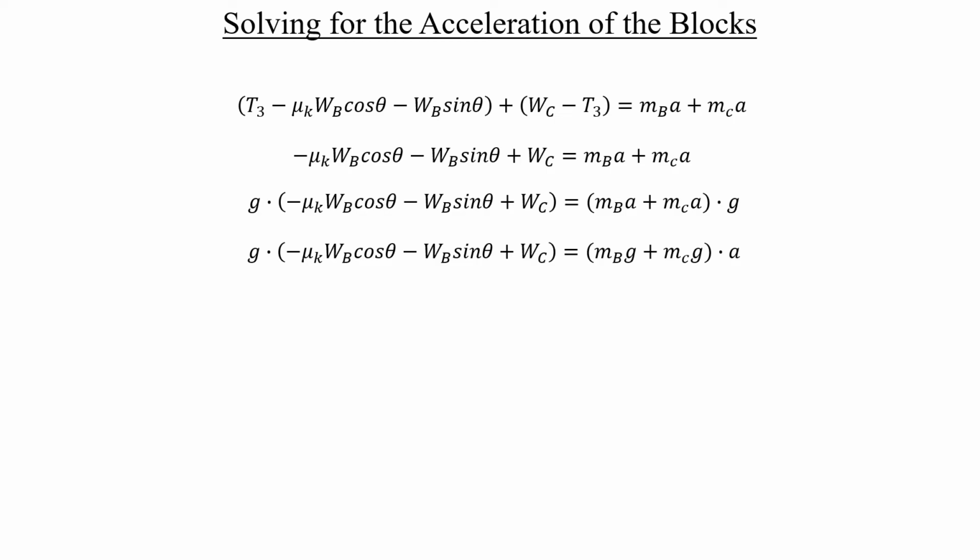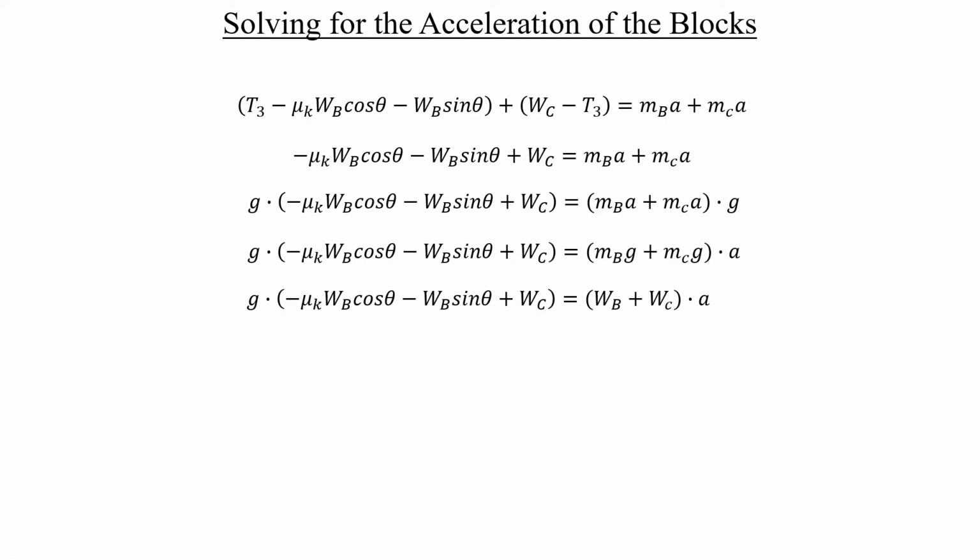Why did we do this? Well, we know what mg is. That's just the weight, and we were given the weight of block B, and we figured out what the weight of block C is through finding out tension number 2. So why do extra work if we don't have to? I will exchange the mg terms for the weight terms in the next step, like this.